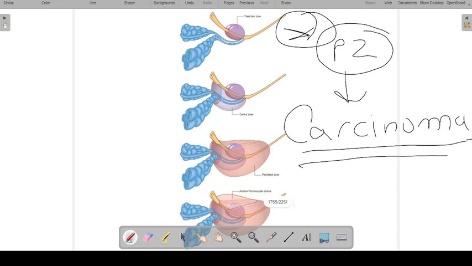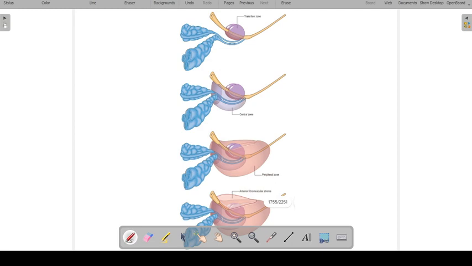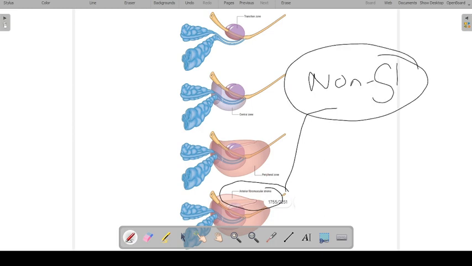This is important. This anterior fibromuscular stroma is the non-glandular part. It is the space between the peripheral zone and the intramural urethra.